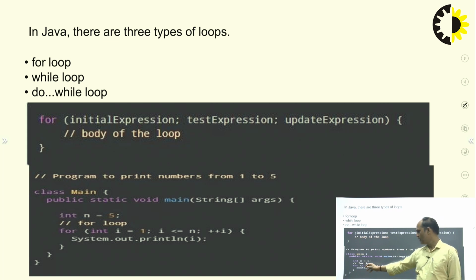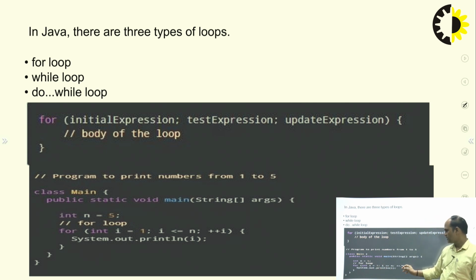And the for loop: int i equal to 1, i less than or equal to n, i plus plus, and System.out.println(i). This is the basic program to print numbers from 1 to 5 using the for loop.